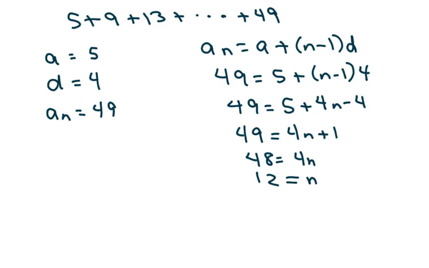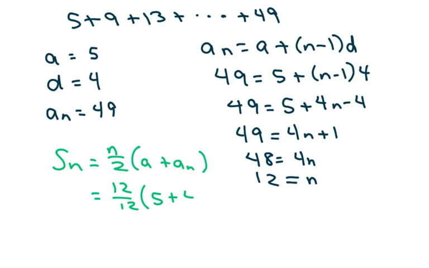Now, I can use my formula now. And we get n is 12. And we have 5 plus 49. Oops, why did I do that? This is divided by 2. So we get 6 times 54.